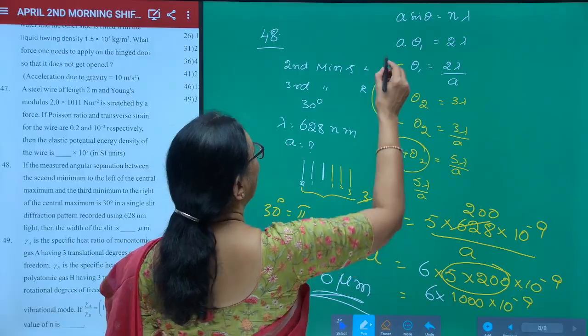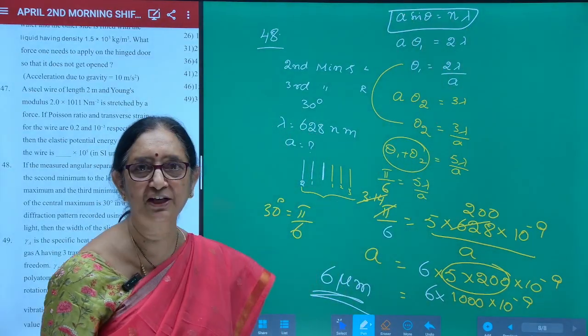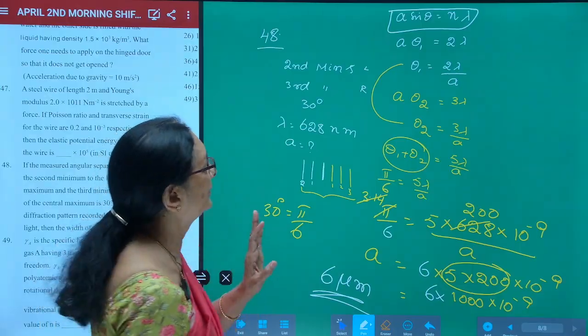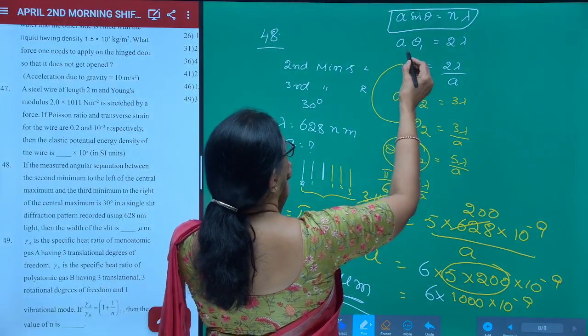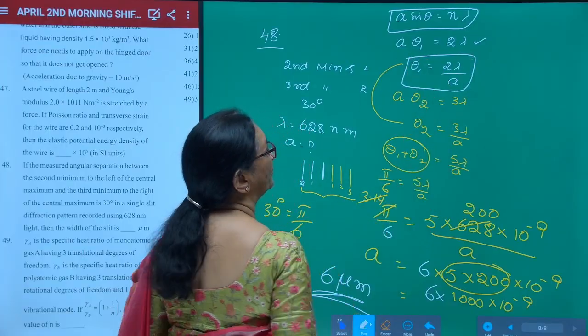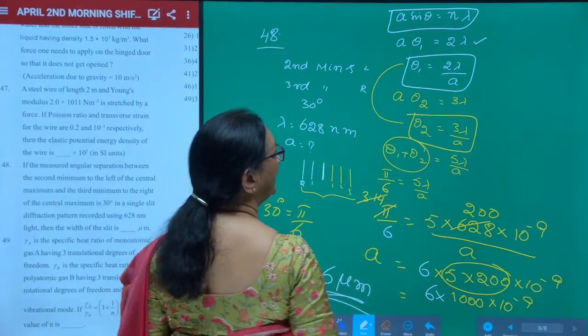So here A sin theta is n lambda in single slit diffraction. When theta is small, sin theta is taken as theta. So in the first case, A into theta 1 is 2 lambda, from which theta 1 is 2 lambda by A. Similarly, theta 2 is 3 lambda by A.